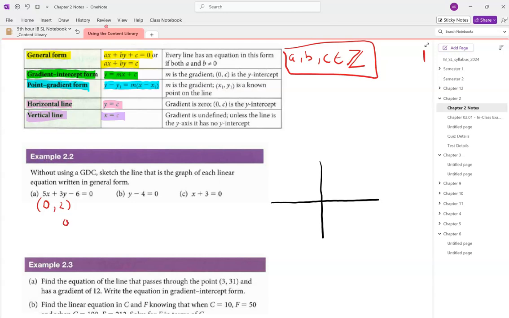Okay, and then if I pick y to be 0, what does x need to be? It's a fraction, 6/5, right? Because 5 times 6/5 is just 6. So then we can just plot those guys and go about our business, right?